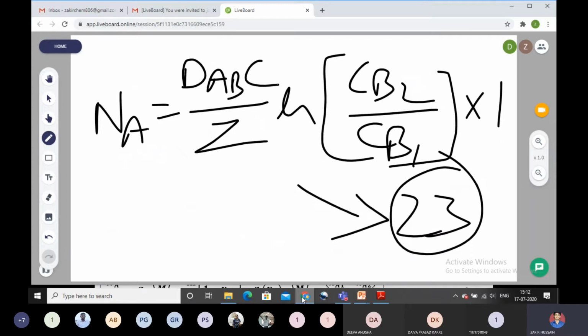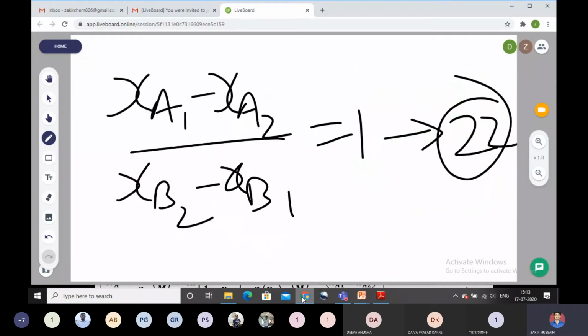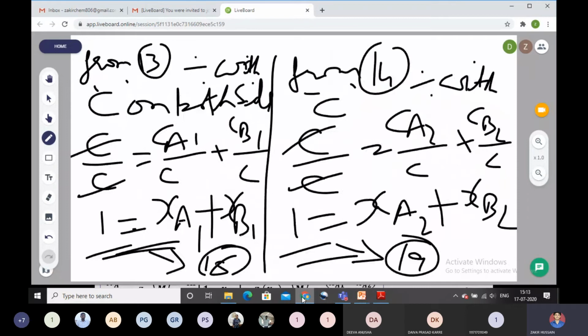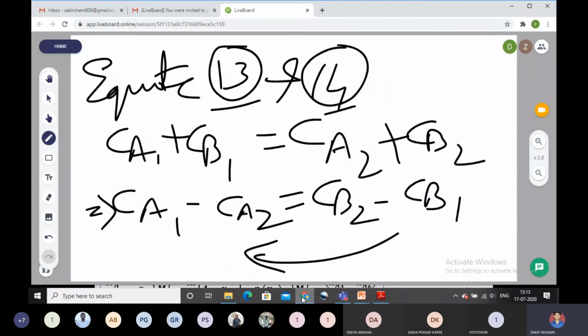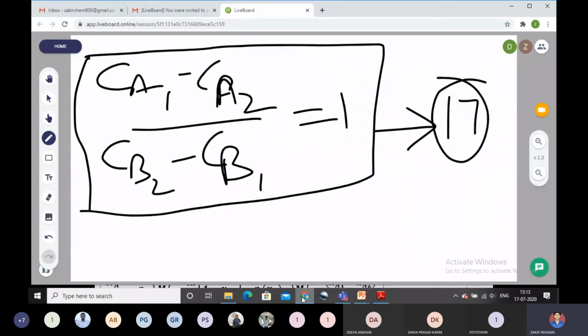Then why are we writing this one? If you remember from the back side, from equation 17, one is CA1 minus CA2 divided by CB2 minus CB1.